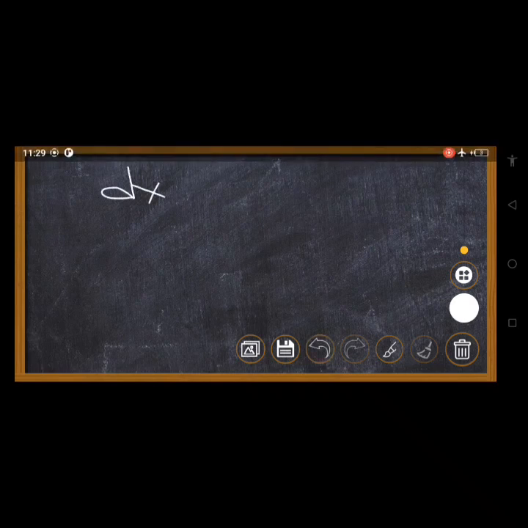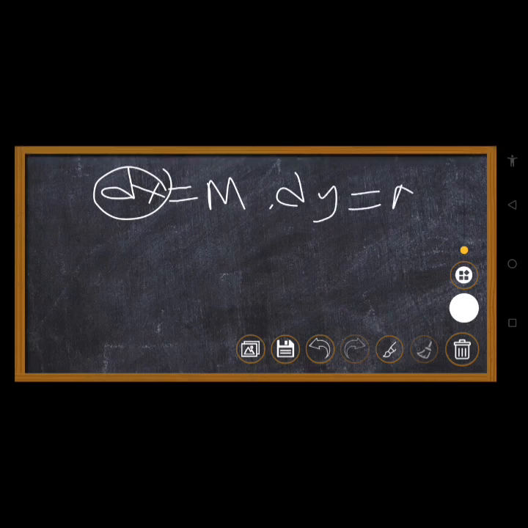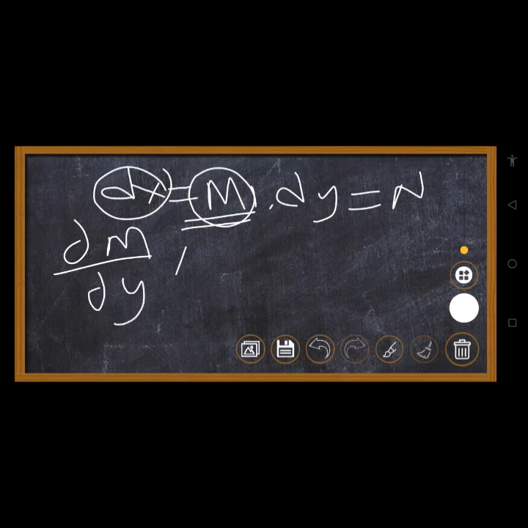That is the function for M. Then the function that has dy is the function for N. After you have discovered that, you first differentiate the function for M with respect to y. Like I have said earlier, I'm just doing the summary so that we can easily understand. Even for N, you always differentiate with respect to x. So make sure that you understand this.